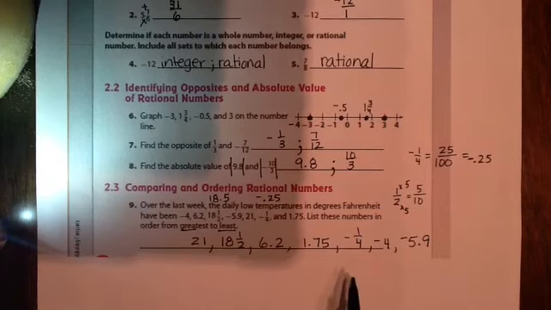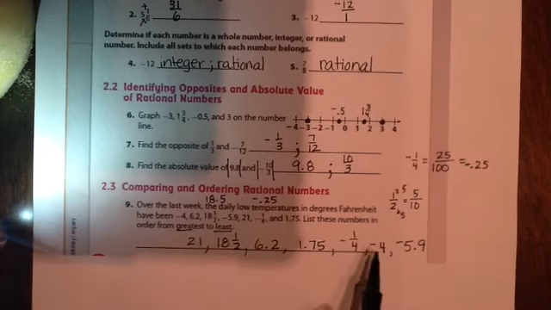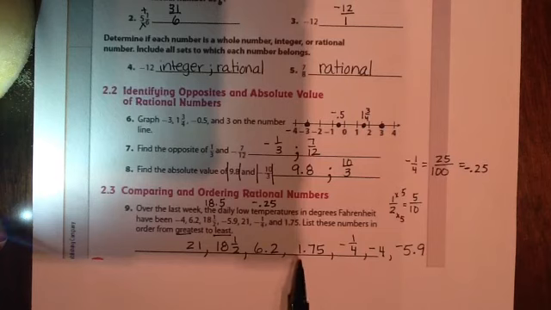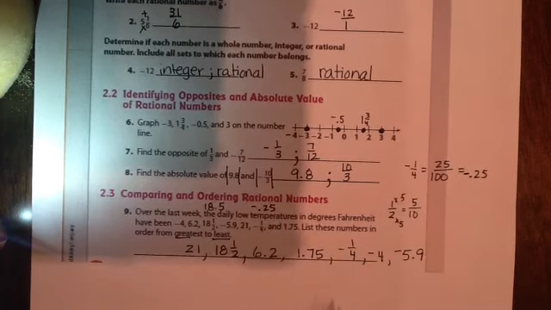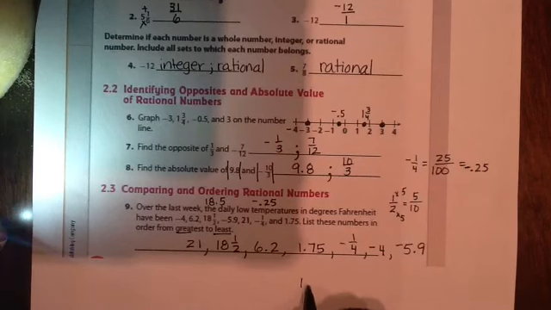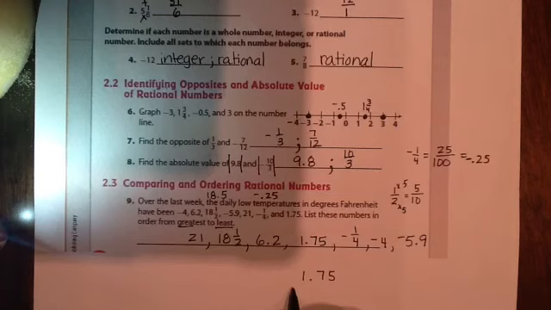The only part where I could see this getting a little bit tricky is maybe here. When you're looking at, well, what's bigger, a negative 1.75 or a negative 1/4? You have a 1 in front of your decimal, and here it's just a negative decimal. So the 1 is going to be larger than our negative 0.25.